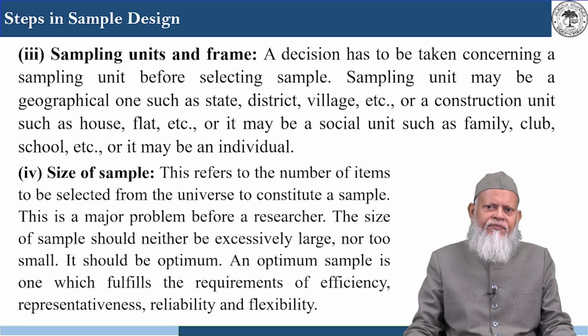That would become a futile exercise. So the sample has to be neither excessively large nor excessively low. It has to be optimum and of a size which fulfills the requirements of efficiency, representativeness, reliability and flexibility.